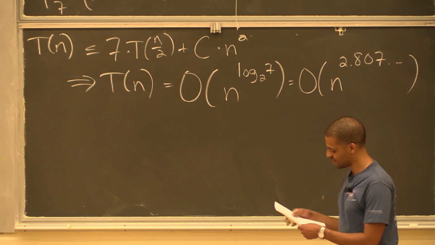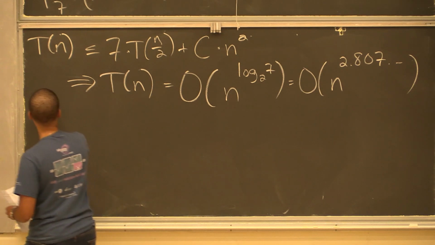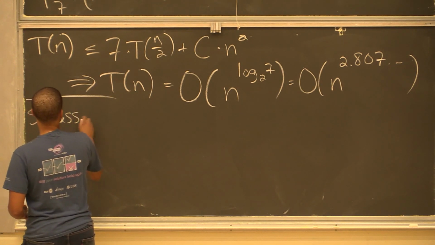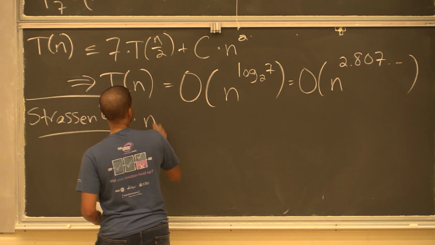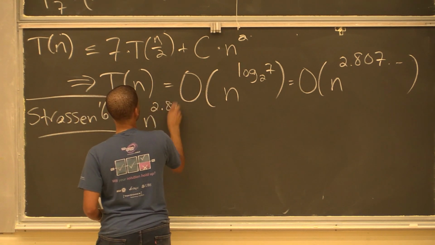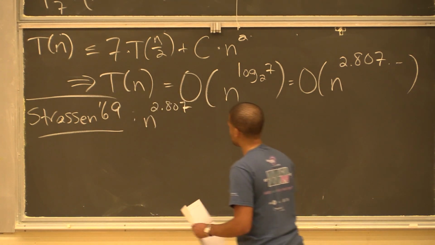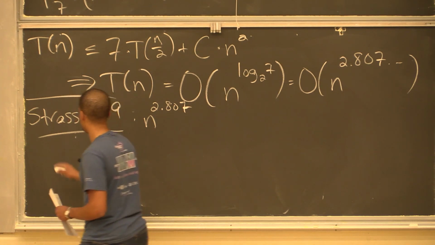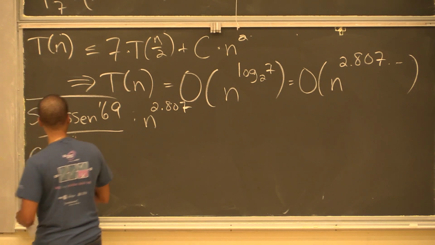And there were a sequence of works. I'm not going to write them all. But so we said Strassen in '69 got roughly n to the 2.807. It was a little worse than that. There were a bunch of papers after that, and then kind of humanity got stuck for a while until Coppersmith and Winograd. So there are a bunch of papers I'm not writing.